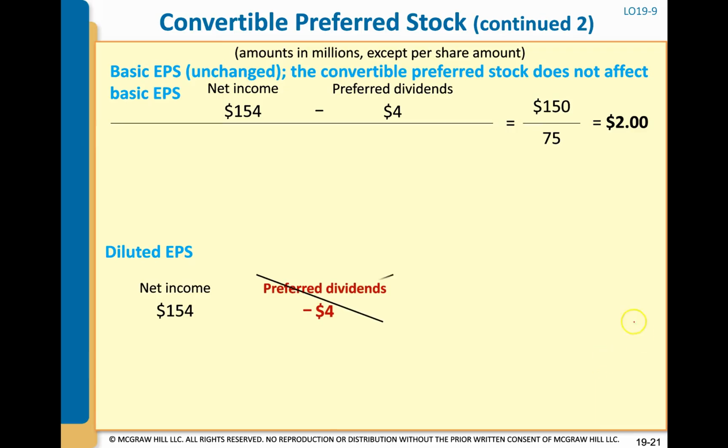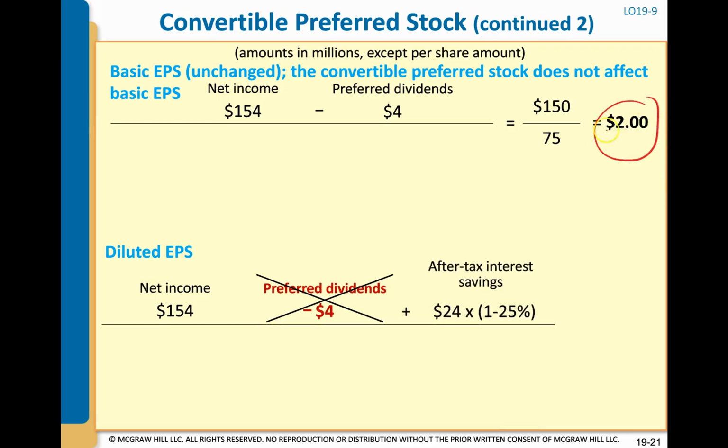So first, let's look at our basic earnings per share, which is still unchanged. If we're going to build on our denominator, we're starting with our net income. Here, this is for the convertible bonds. This item we already did, but now we no longer have the preferred dividends. See how there's the preferred dividends being subtracted from net income for the basic earnings per share, but for diluted, we no longer have that, and we have to remove that from the numerator.